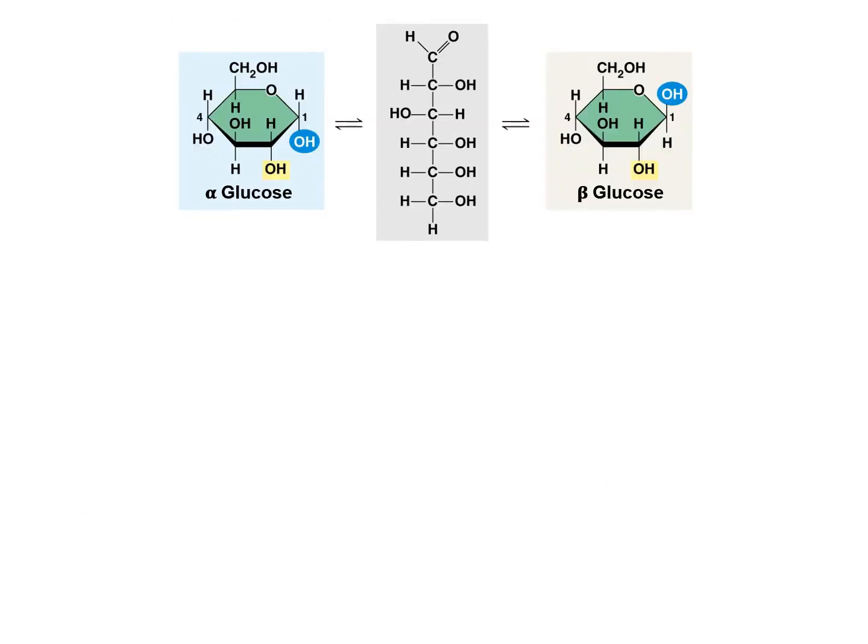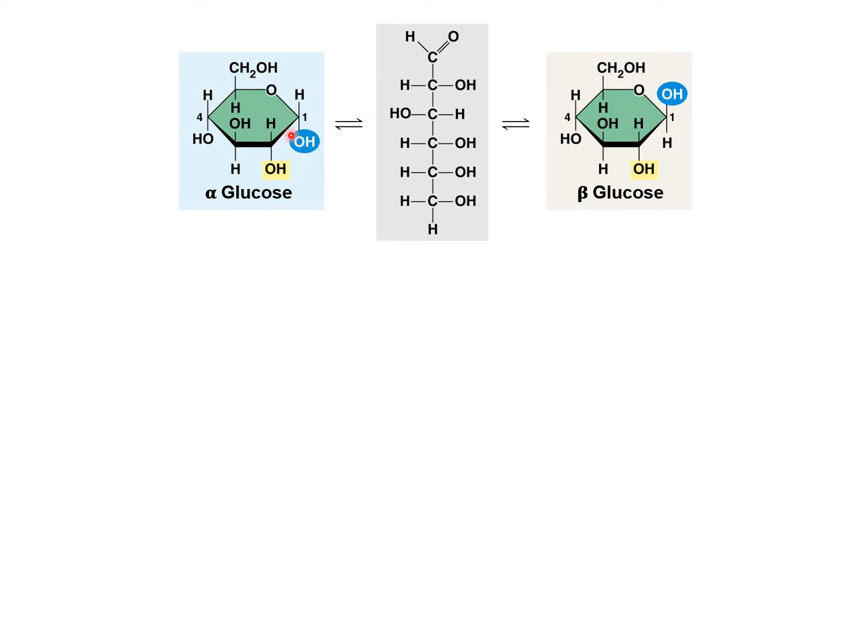Here's an example of what I'm talking about, where isomers can make all the difference. They have identical chemical formulas. This is alpha. What you'll notice is that we have the ring structure and that the oxygen, the OH here in blue, is on the downside of the plane. This thing is actually not very flat. It's sort of wrinkled like a potato chip or something.